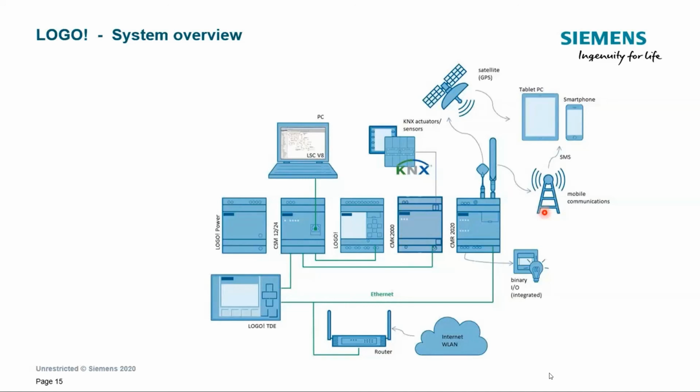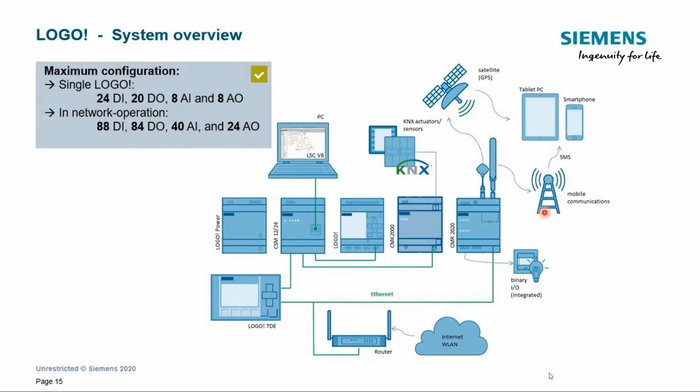And one important thing that we did not mention up to now is the maximum configuration of LOGO. So what's the actual limit? The actual limit of a single LOGO is as follows: 24 digital inputs, 20 digital outputs, 8 analog inputs, and 8 analog outputs.